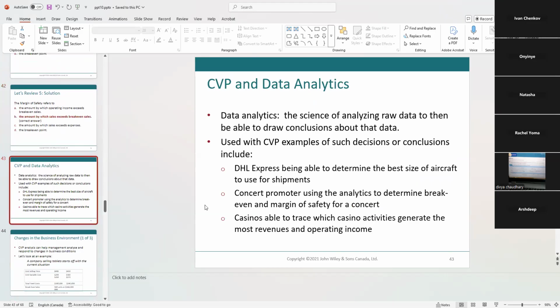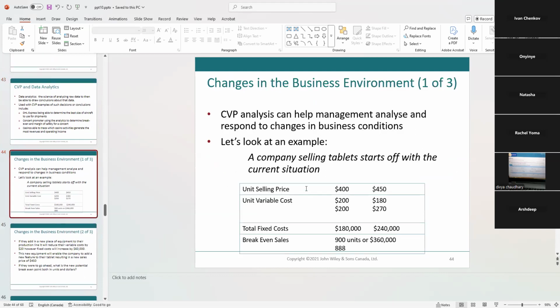Now let's see what's going to happen in this company, the raw data of this company. I added some information from before, so I have to delete something, otherwise you're not going to understand it.